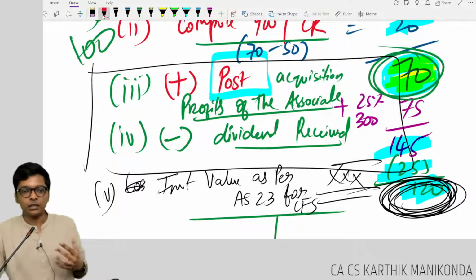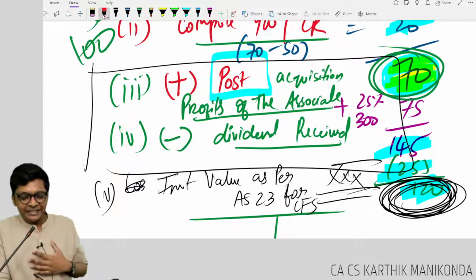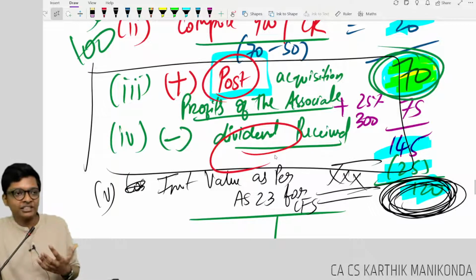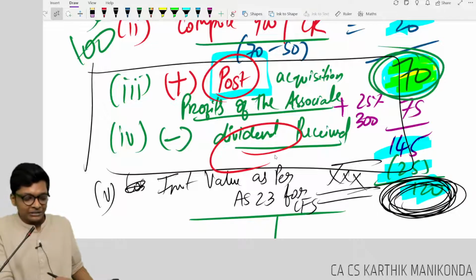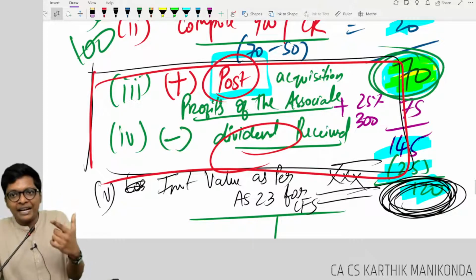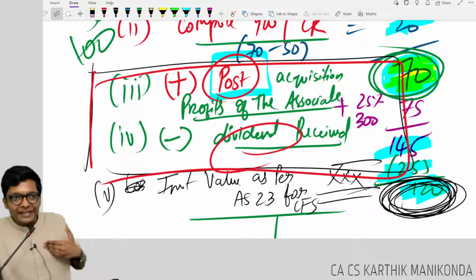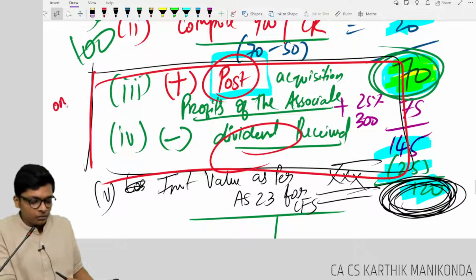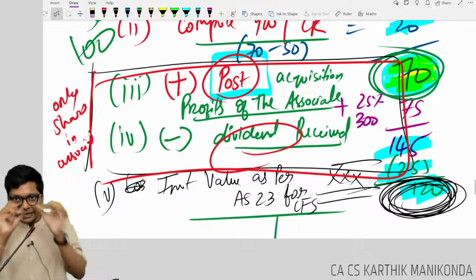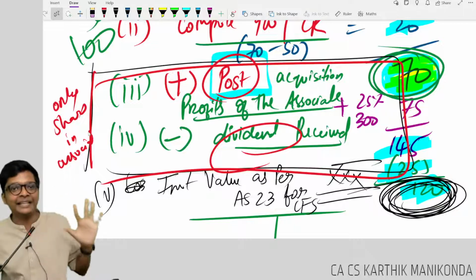Now use a different color pen, for a very important common mistake, this point 3 and 4. The most common mistake students make is they take the full profit and full dividend. Not intentionally, it happens in the exam. So somewhere in the side or margin, write down how much of the profit I should add and how much of the dividend I should take. Only my share in the associate, or only the percentage. In a different color pen, join 3 and 4, put a box, and please highlight it in your notebook.